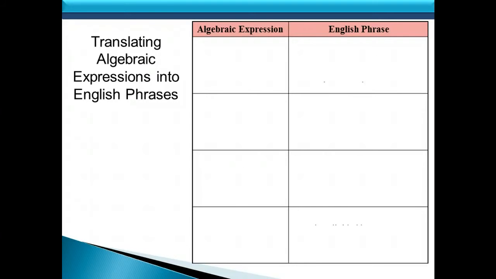So now let's translate some algebraic expressions into many different English phrases that we could use to represent that same algebraic expression. So first, how about the expression x plus 5? Think about all the different words and phrases we can use to denote addition. So we could say that this is the sum of a number and 5.